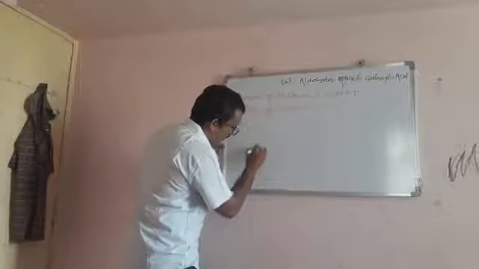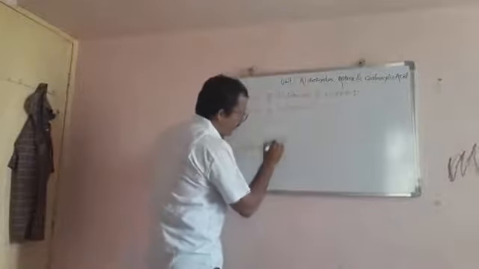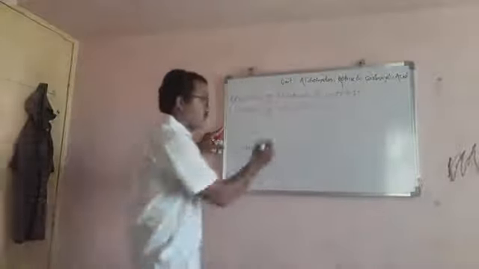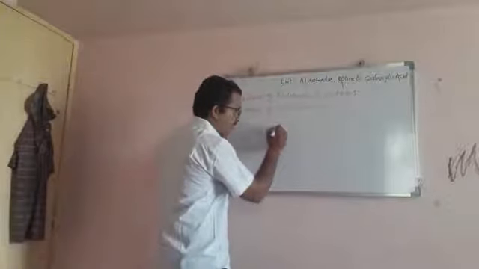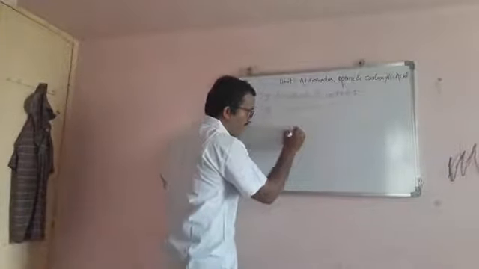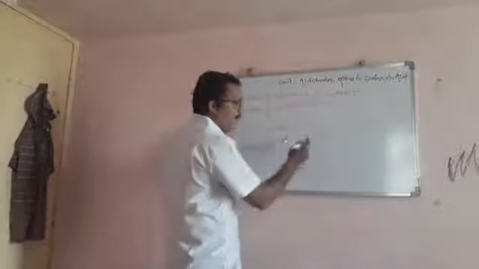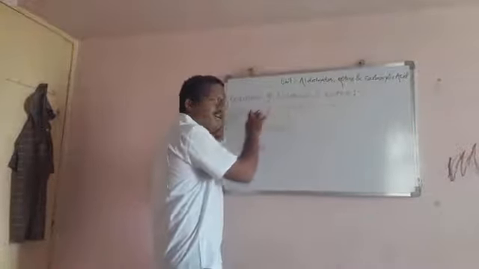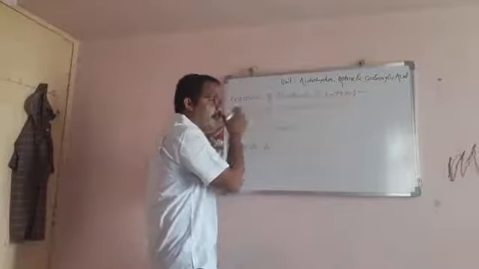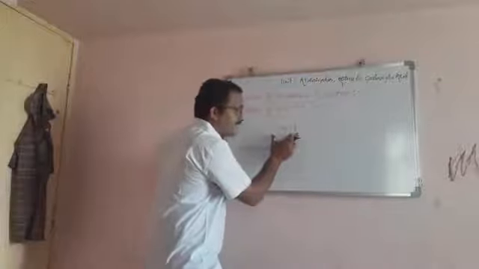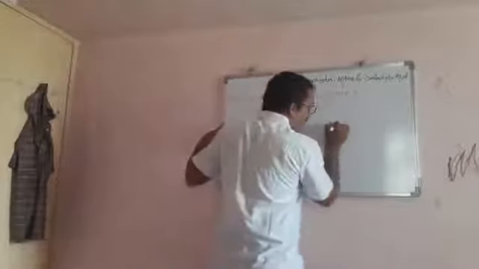This is ethyl alcohol. This reaction proceeds through the general reaction, when acetaldehyde reacts with ethyl alcohol in presence of dilute HCl.